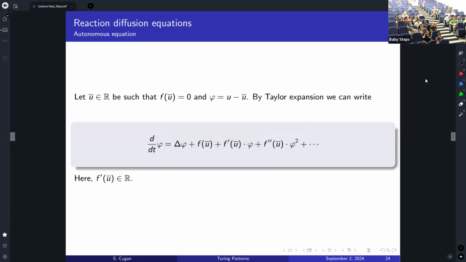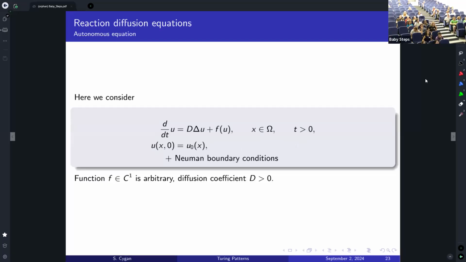And now we'll take a look at what happens. Imagine that we have a constant solution. So we have a number such that our function f evaluated at this point is equal to 0. Basically, this number is a stationary solution of our system, because the time derivative of a constant is 0, the Laplace of a constant is 0, f of this constant is 0, and the equation is satisfied.